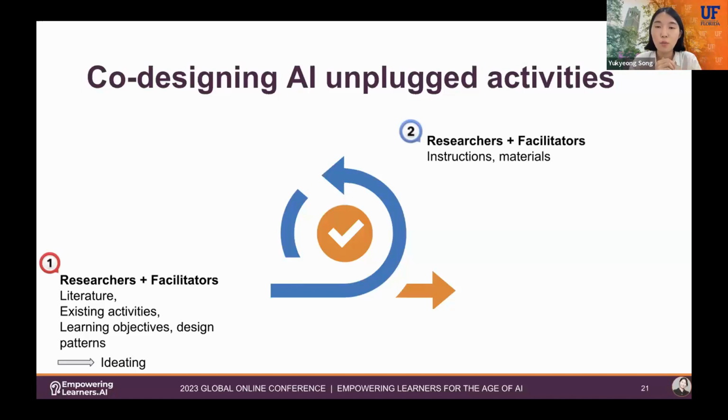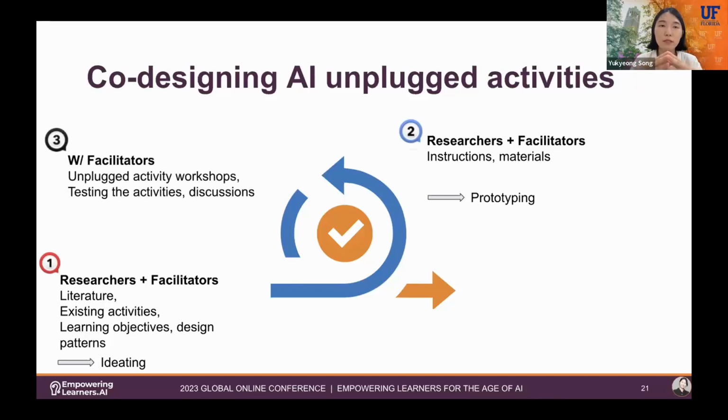And second, we researchers of the same team, 5 people, developed our instruction and materials, and we call it prototyping. So we had preliminary versions of the instruction and materials. And with the whole group of facilitators, which was less than 10 people, like 8 or 9 undergrad and graduate students, we held unplugged activity workshops during the professional development prior to the camp.